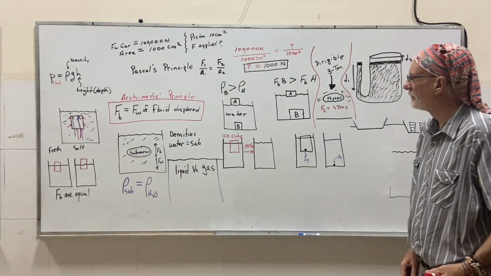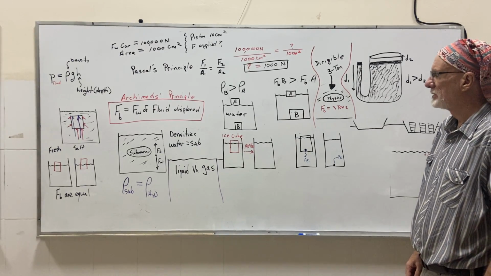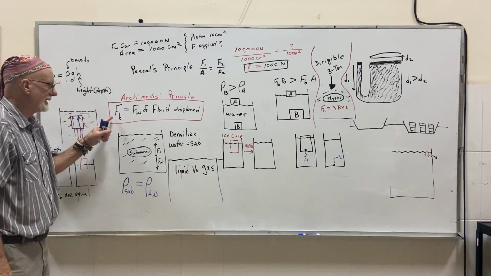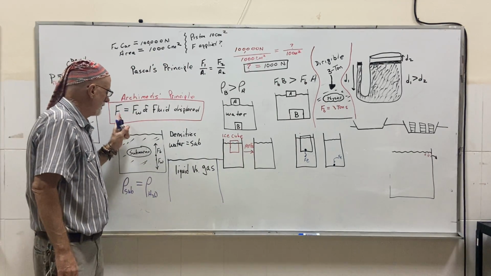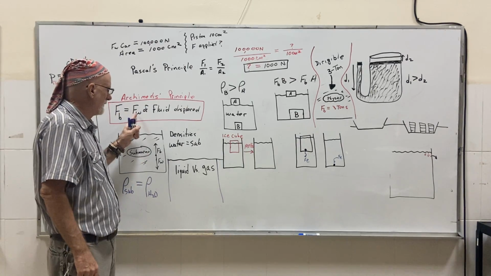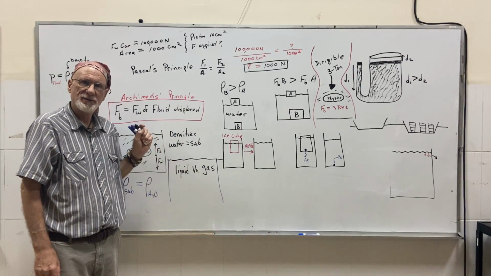Okay, next. Don't forget Archimedes' principle. Archimedes' principle is that the buoyant force, or the upward force, is equal to the weight of the fluid displaced.